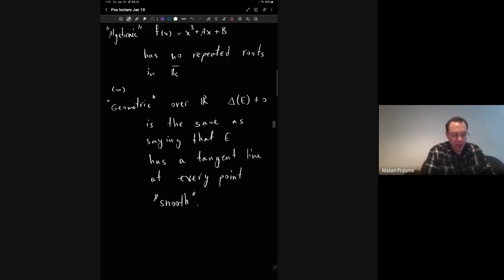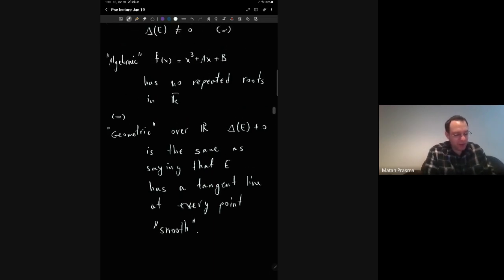Now, actually, when I looked back at the last session, I saw there were some small mistakes, and moreover, what I want to demonstrate today is how to take this geometric condition and make it meaningful over any field instead of the real numbers.